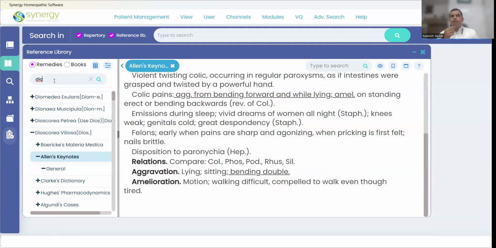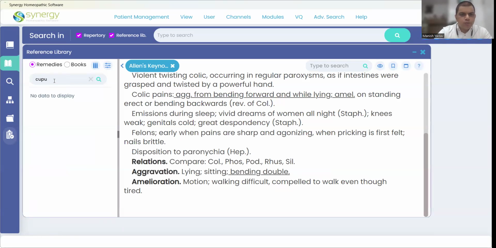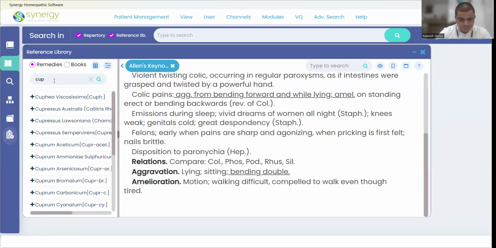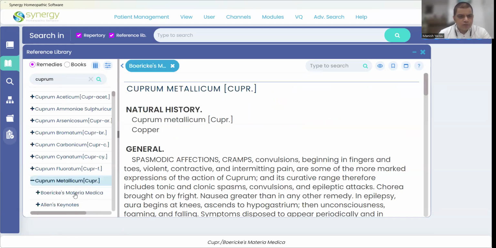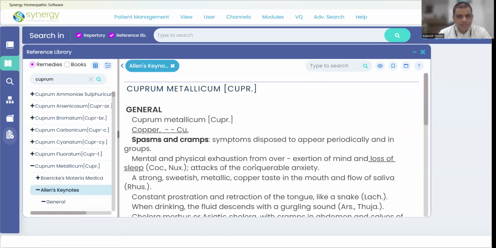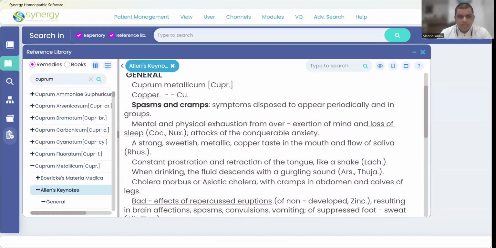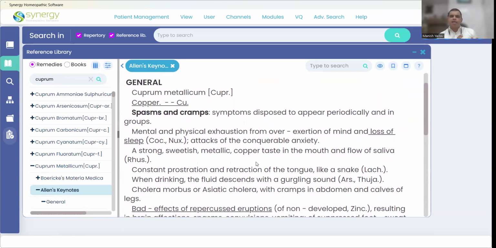And when we talk about disposition, let me show you another thing. We discussed Cuprum, right? Let me show you Cuprum. Now, Cuprum met. Where is Cuprum met? Yeah, let's open Cuprum met. Let us see what is written here. From Dioscorea, we're now jumping back to Cuprum.